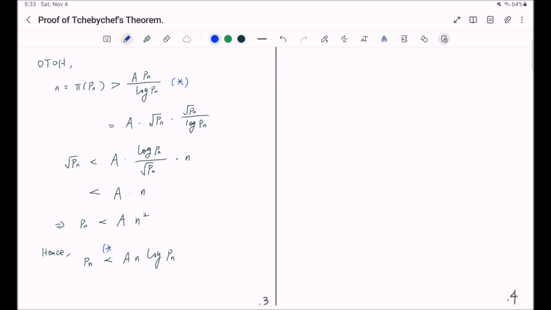So this is from here, and in the next step we're going to use this inequality to bound it again by some constant times n times log of n squared, which is again some constant times n times log of n, by moving this exponent to the front. And this completes the proof of theorem 8.